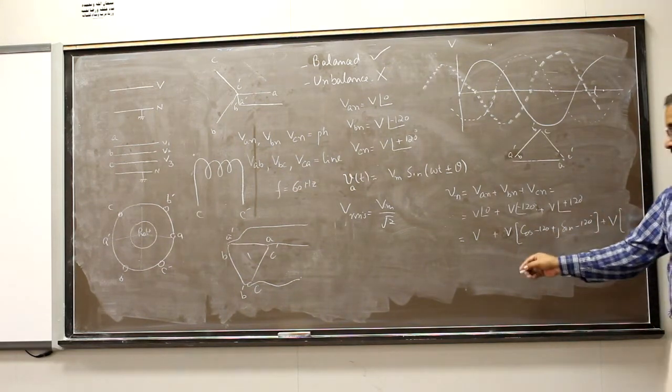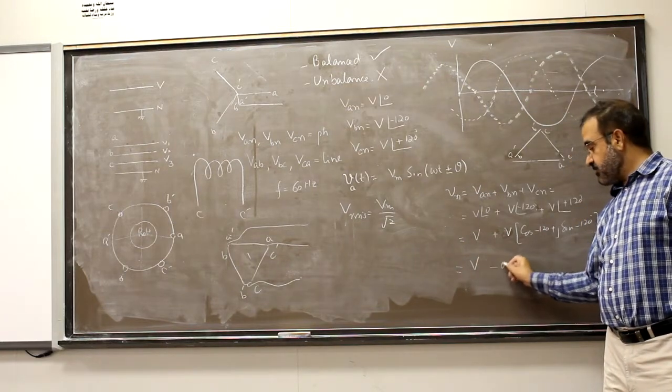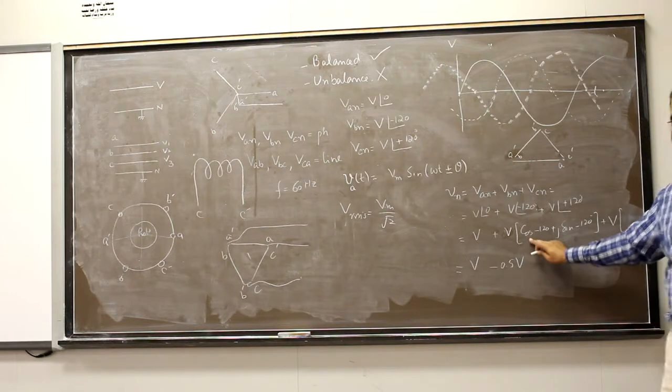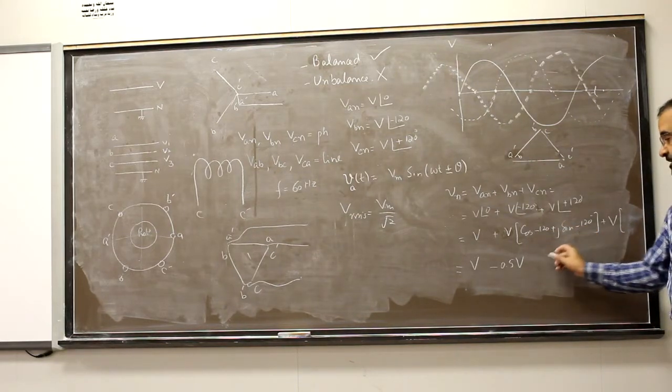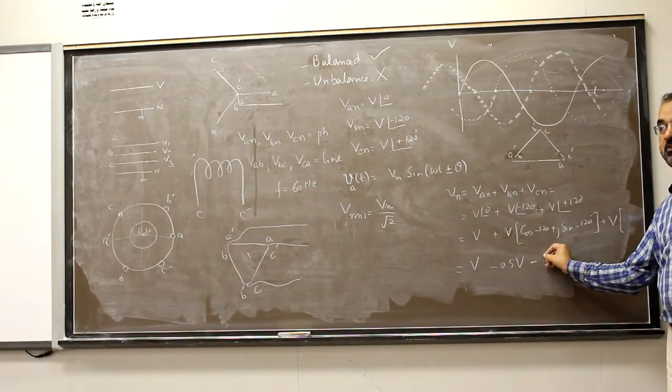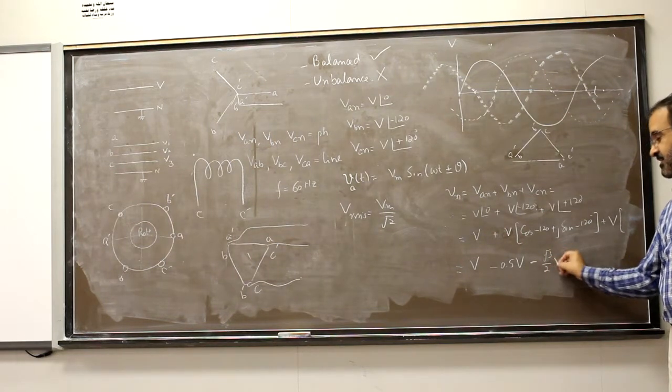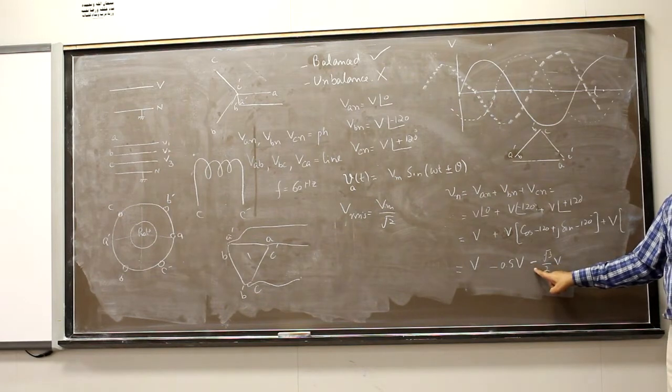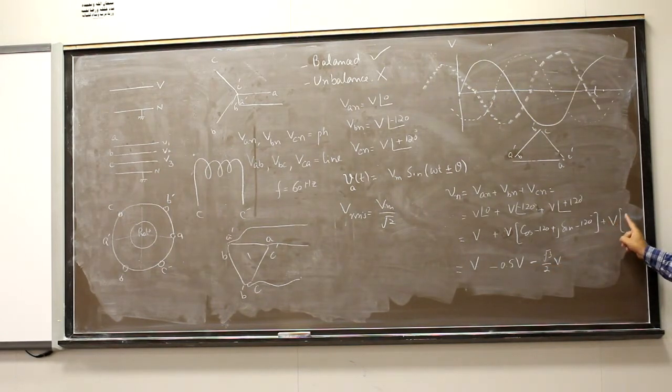So when you add here, you will get V, here you will get minus 0.5 V. Here the sine term will be equal to minus 0.86, root 3 over 2 V, minus root 3 over 2 V. Similarly over here, V into cosine 120 plus J sine 120, if you add here, it will be minus 0.5 V plus J root 3 by 2 V. Calculate this number.